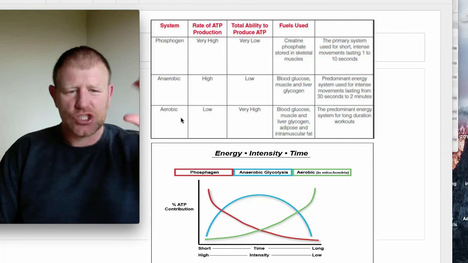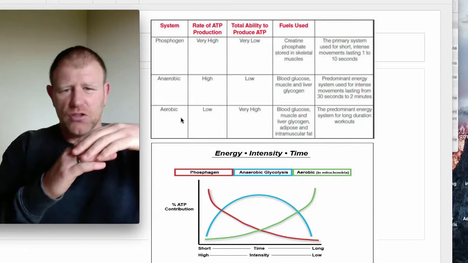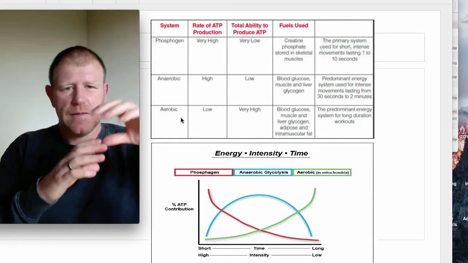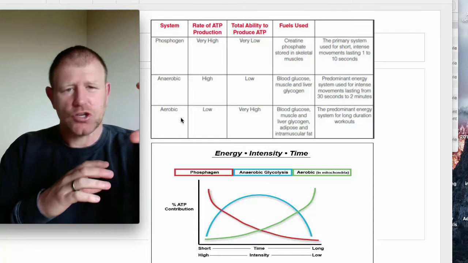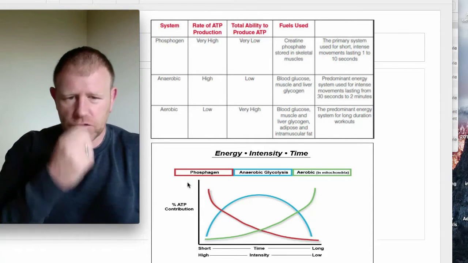So the percentage changes. You don't just sit in one and all the rest are turned off. Your main energy source is one and the other two are turned down, but not turned off completely.